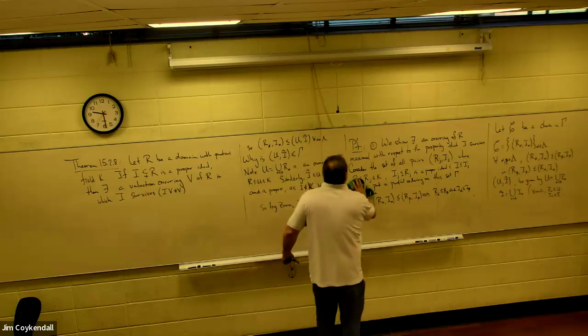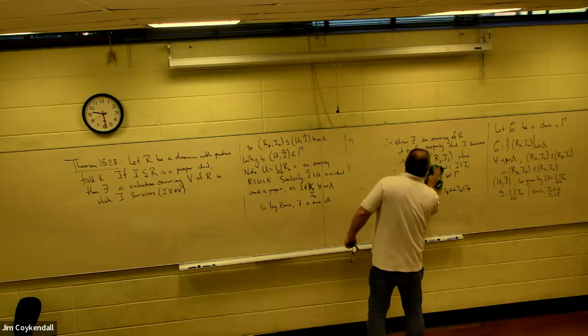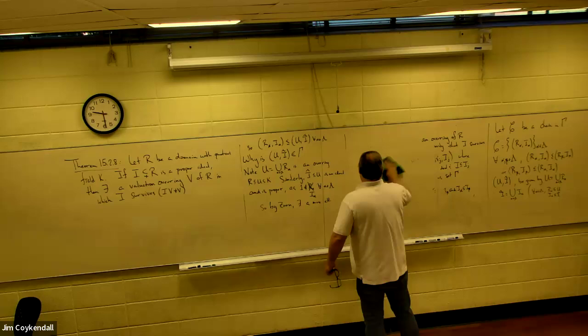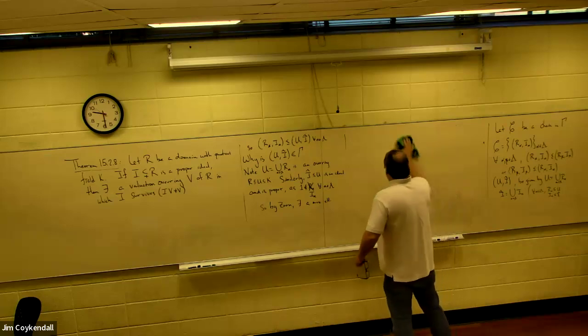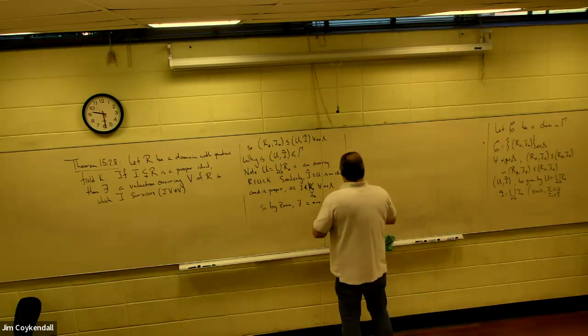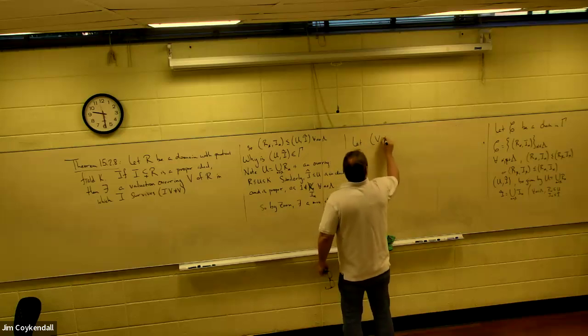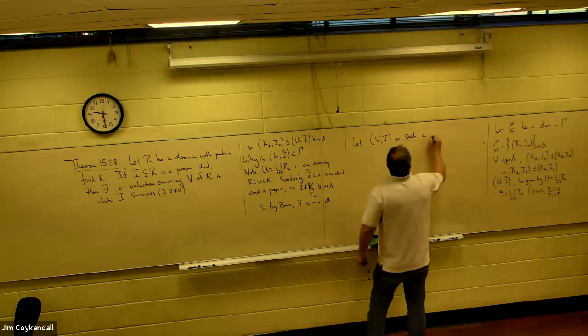I'm just going to define this maximal element. I'm going to call it (V, J), that pair. Let (V, J) be such a maximal element.